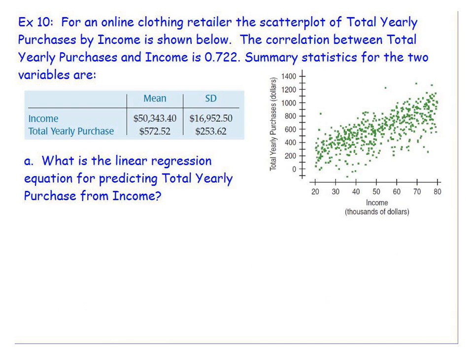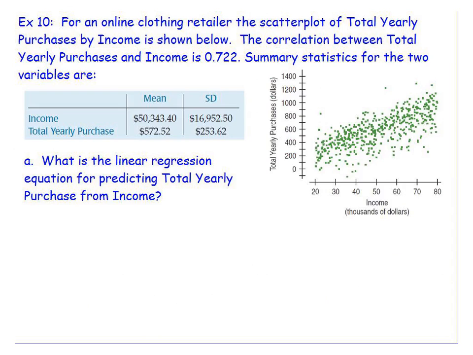Let's look at another one in word problem form. For an online clothing retailer, the scatter plot of total yearly purchases by income is shown below. The correlation between total yearly purchases and income is 0.722. The summary statistics for the two variables are, and we organize everything into a nice table.